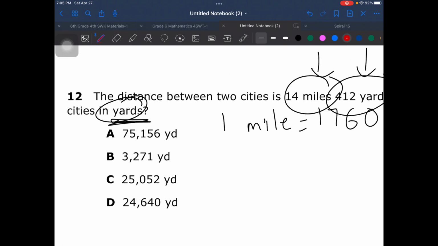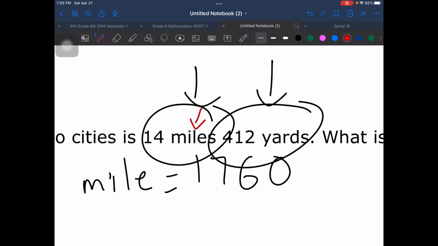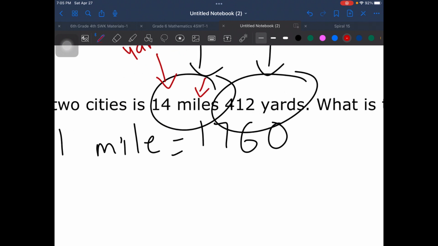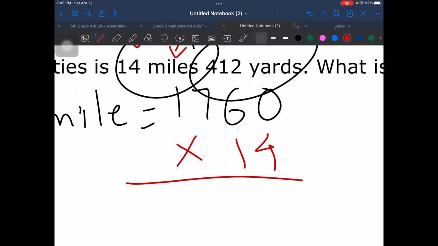Entonces, a nosotros nos interesan las yardas. We are interested in yards, not miles. Esto yo no lo voy a usar. Entonces, vamos a convertir esto in yards first. So, times 14. Now, 1760 times 14.